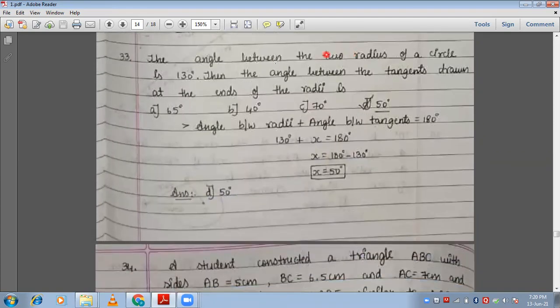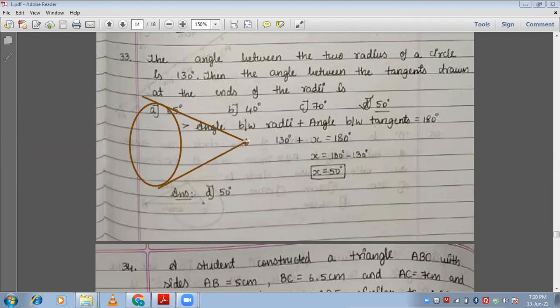Next, the angle between two radii of a circle is 130 degrees. Then the angle between the tangents at the ends of the radii is dash. Yes. This is a circle. For this circle, this is the external point. Okay. Now draw the tangents for this one. Tangent 1 and tangent 2. For this one, these are the radii.